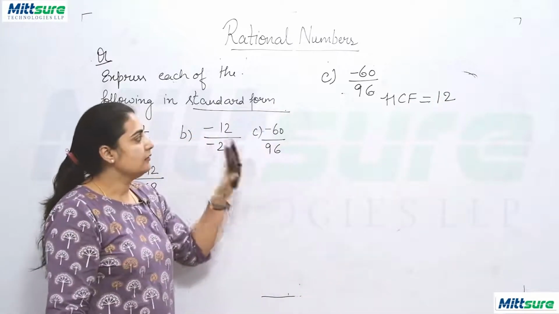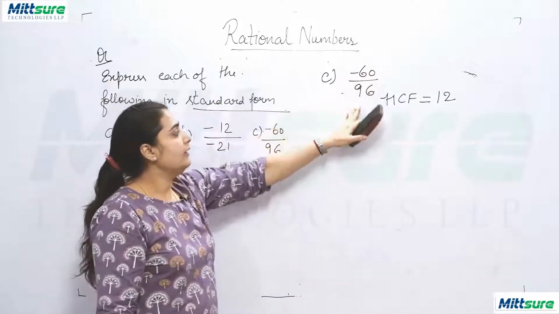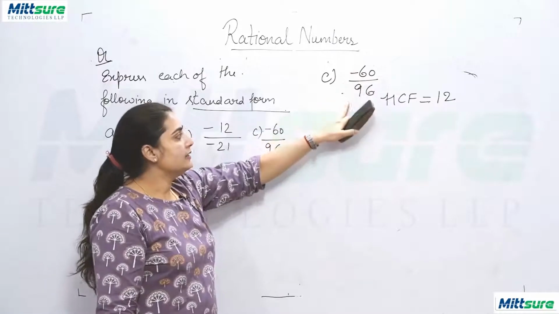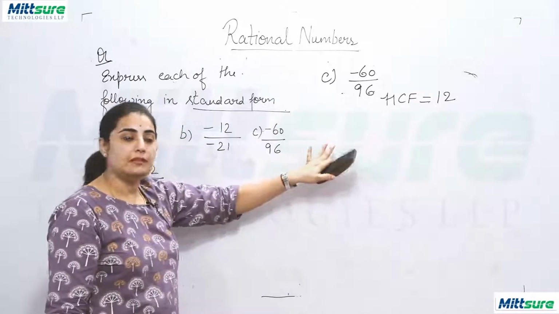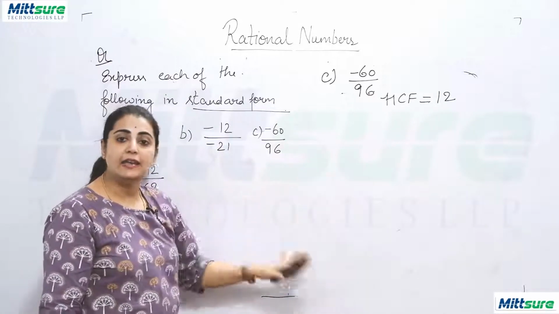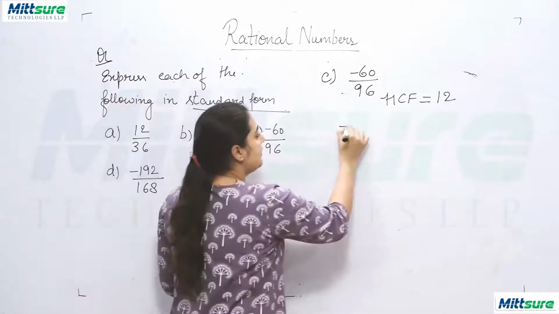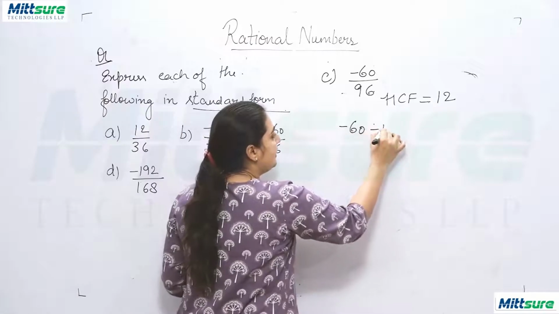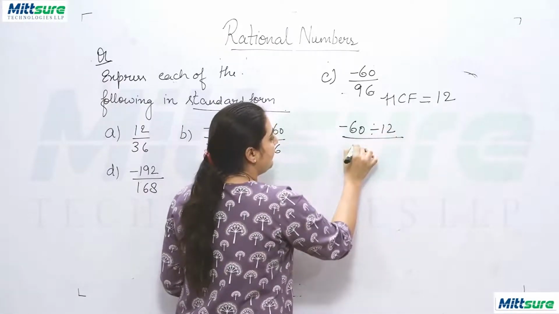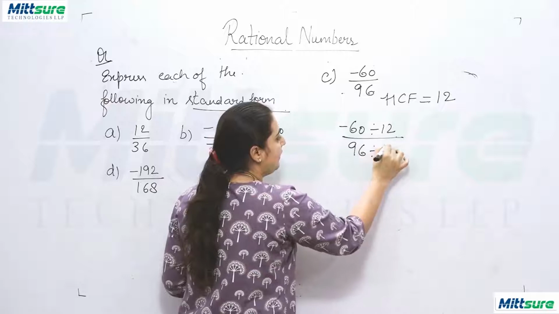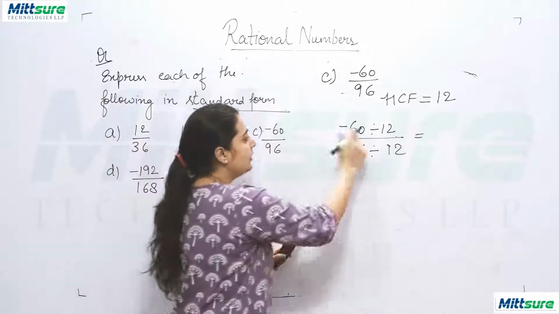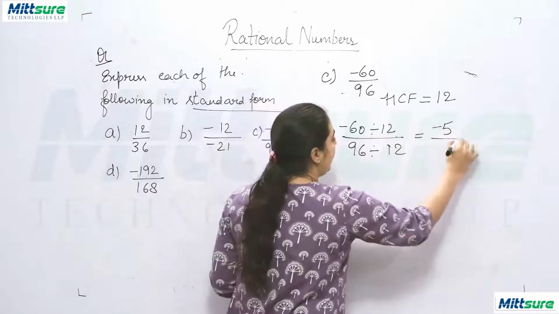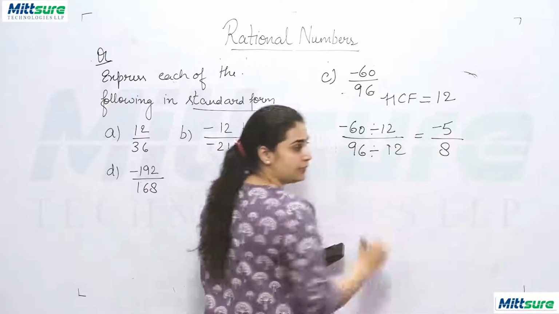You can check whether you are getting the HCF of minus 60 and 96 as 12 or not by using the same process of finding the HCF. So let's see, minus 60 divided by 12, 96 divided by 12. Okay, so here you get minus 5 and here you get 8.